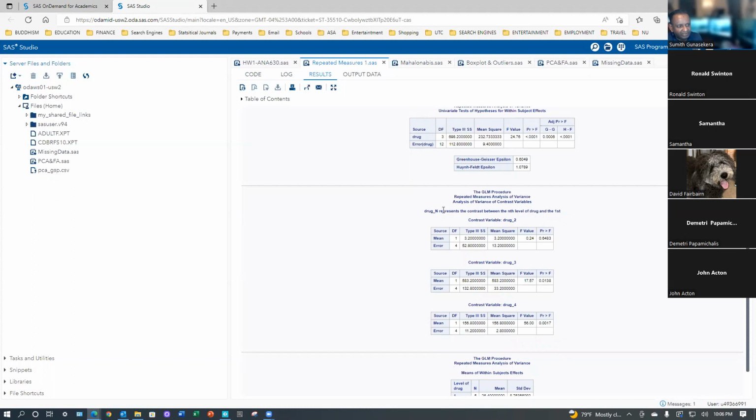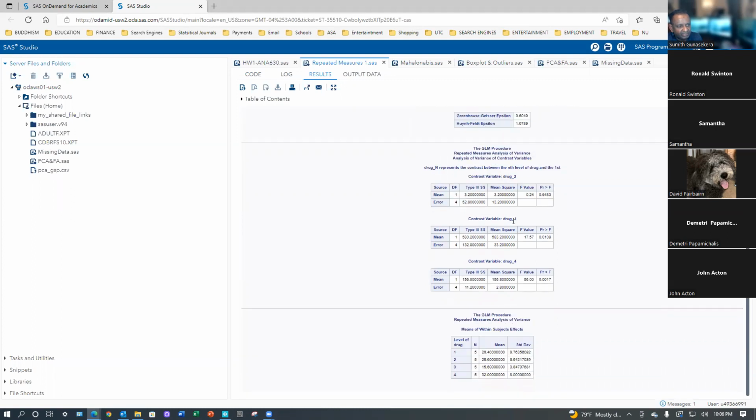So drug n stands for the second one, third one, fourth one: 1 versus 2, 1 versus 3, 1 versus 4. So they show the mean and errors, the degrees of freedom, type 1 sum of squares, mean square, F value. You can see how you carry out that comparison between two at a time.